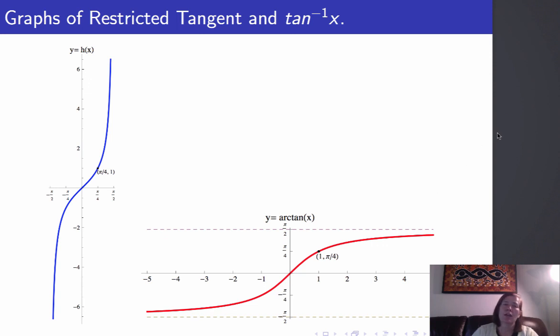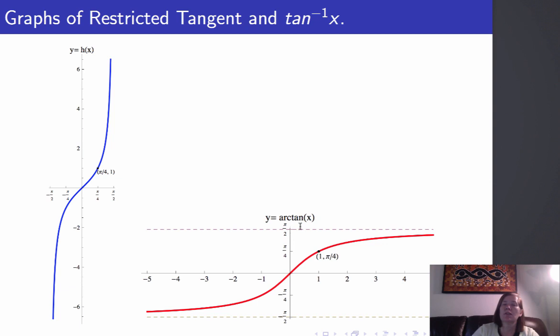So here on the left we have the graph of the restricted tangent function in blue, and on the right we have the graph of its inverse, which of course we get by reflecting the graph of the restricted tangent function in the diagonal of the plane, the line y equals x.